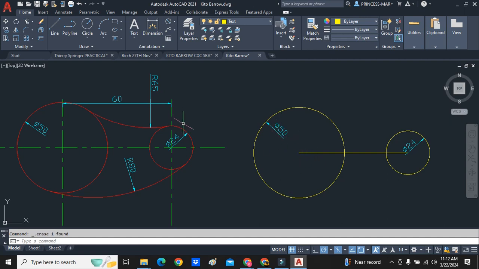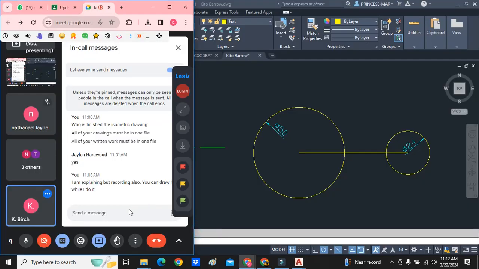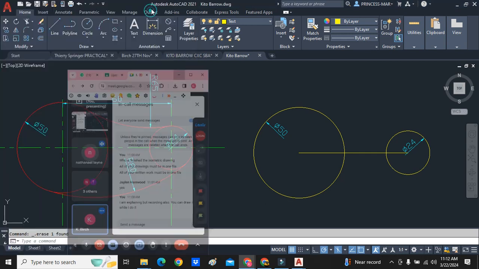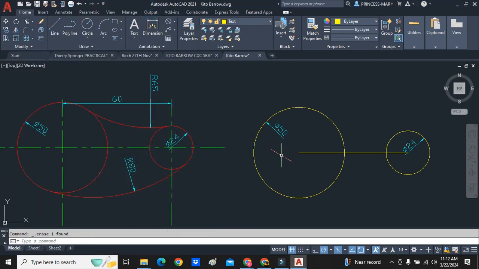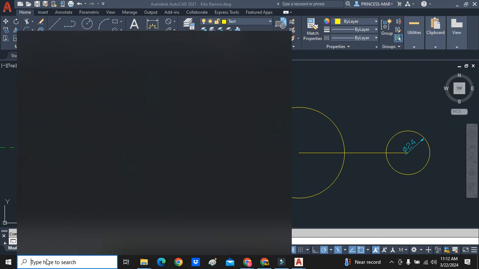Good. So subtract 25 from 80. What measurement will we get? Quickly, guys. Is it 65?